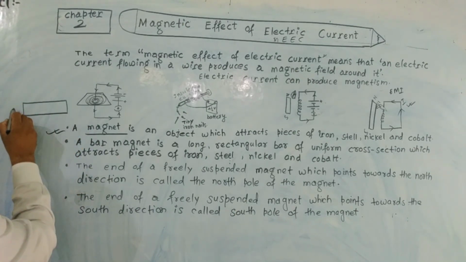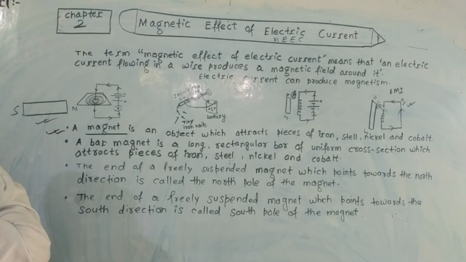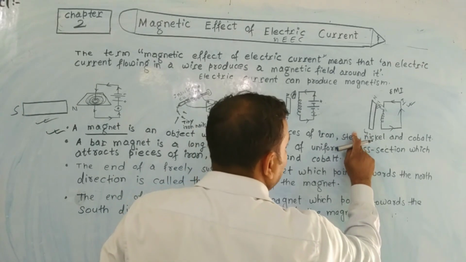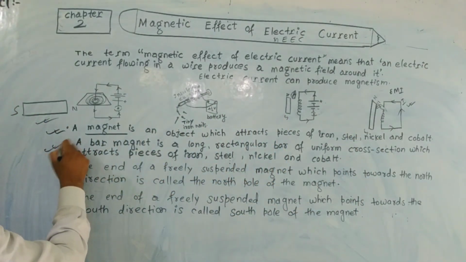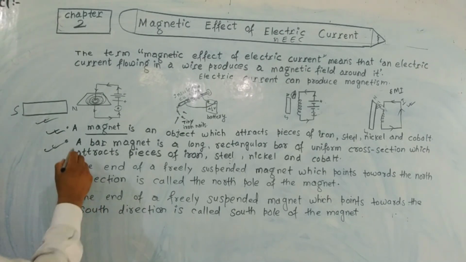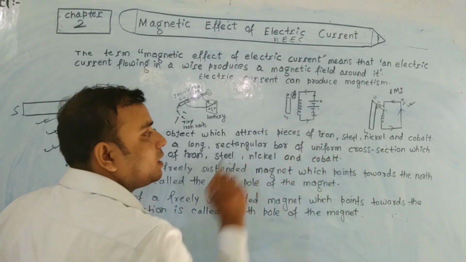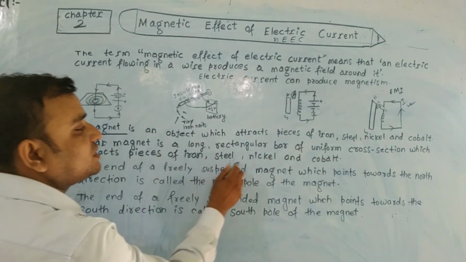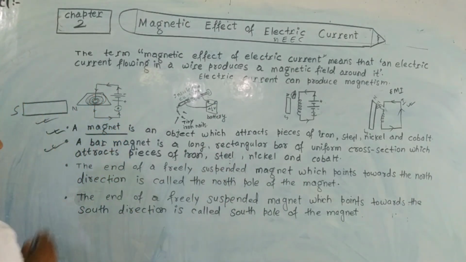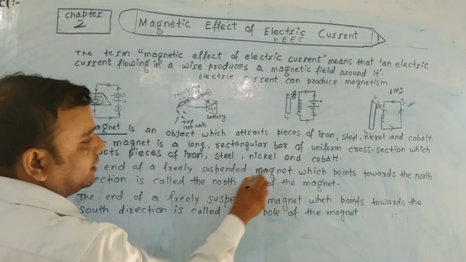Next is a bar magnet. A bar magnet is a long rectangular bar of uniform cross section which attracts pieces of iron, steel, nickel, and cobalt.